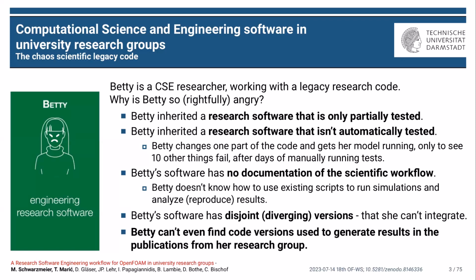And in that part, we were actually lucky to find code at all, because oftentimes you don't find the code, or at least not the specific version that was used to generate anything that was published already.